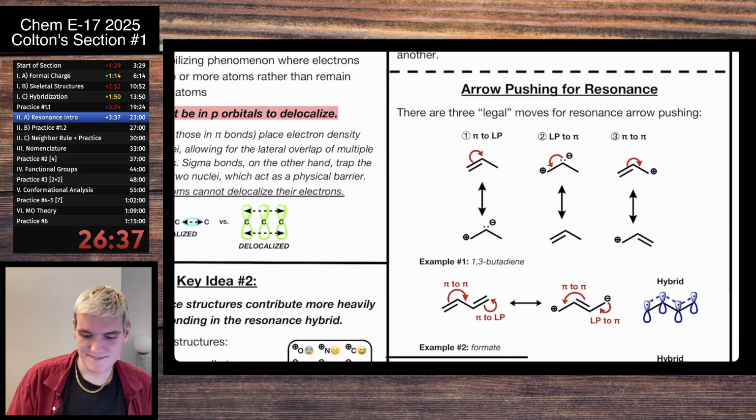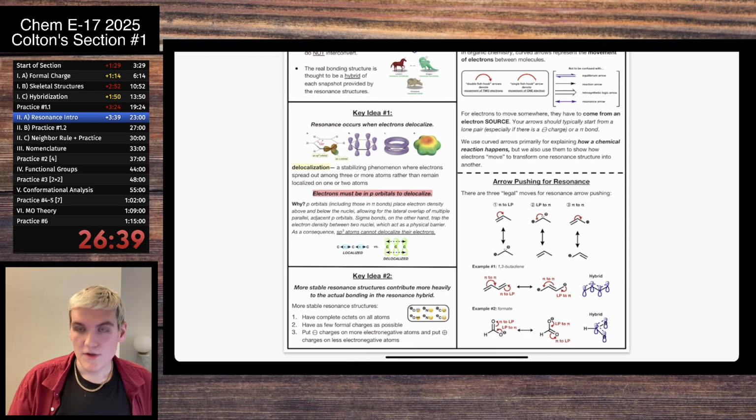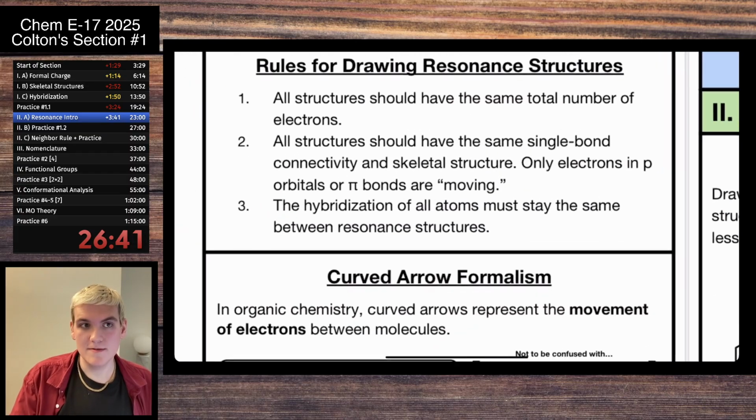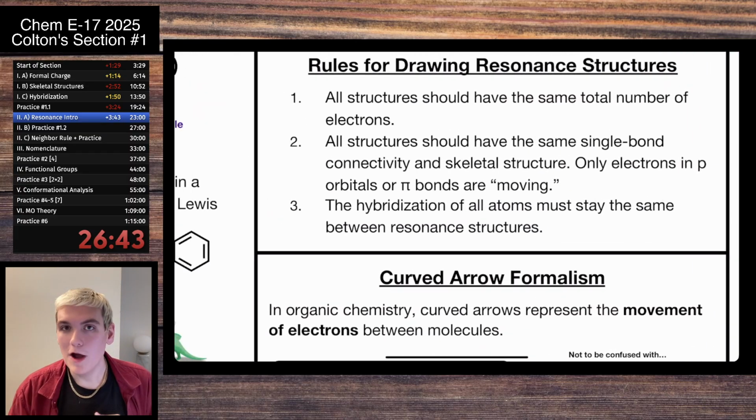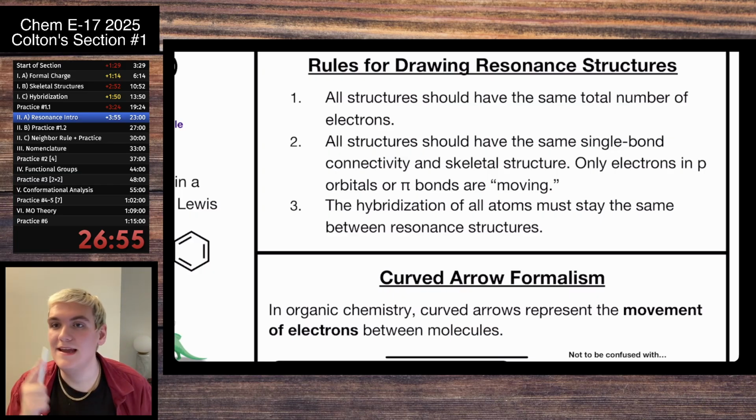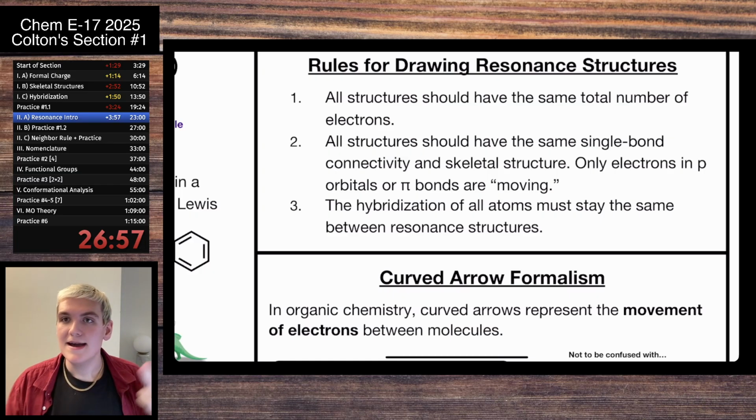Thank you. Totally. So there are some basic rules for drawing resonance structures. One, you can't just poof away electrons. You can't just add electrons. So the number of valence electrons needs to stay the same the whole time. Two, you're not going to be breaking any single bonds. Remember, resonance, we said, only involves p orbitals.